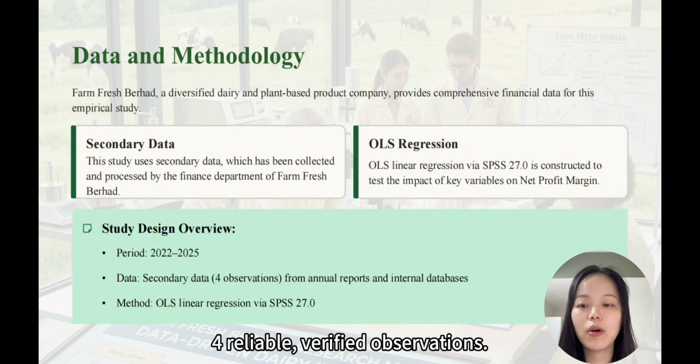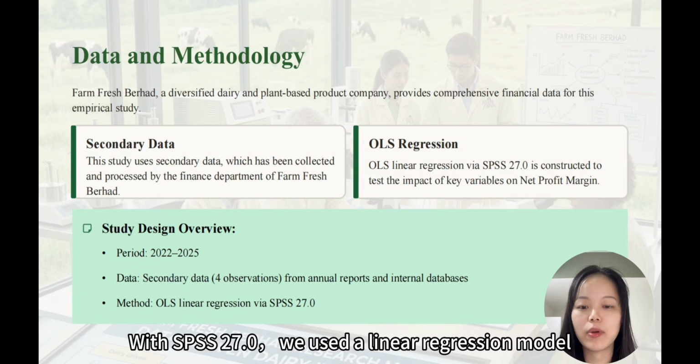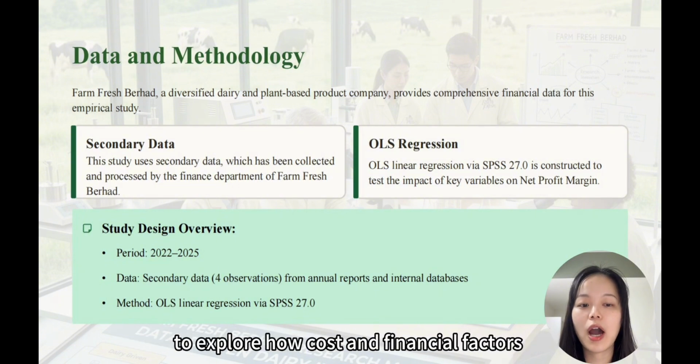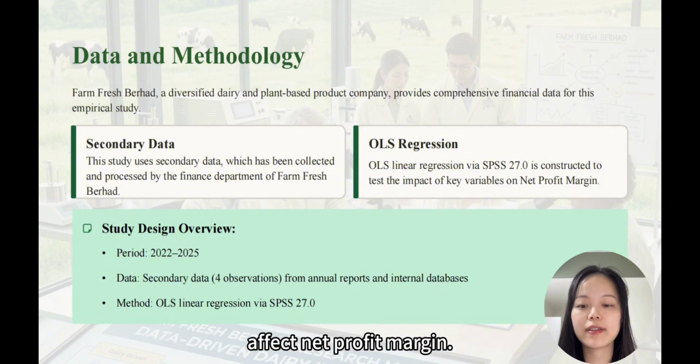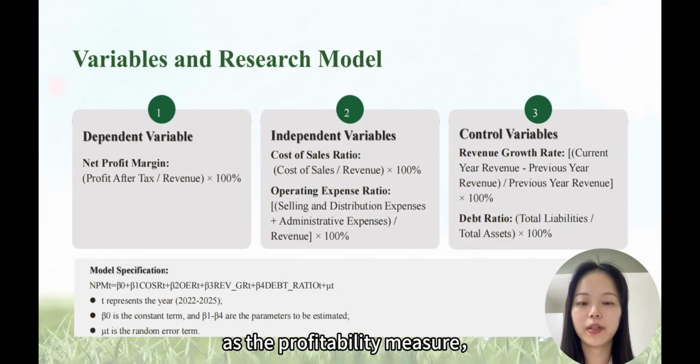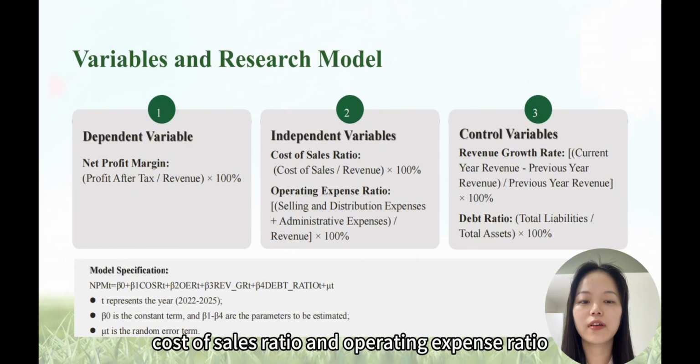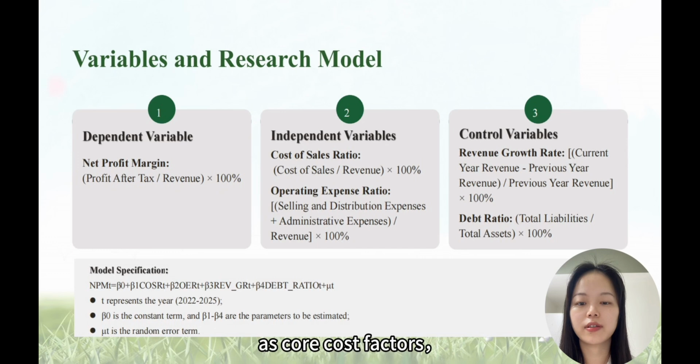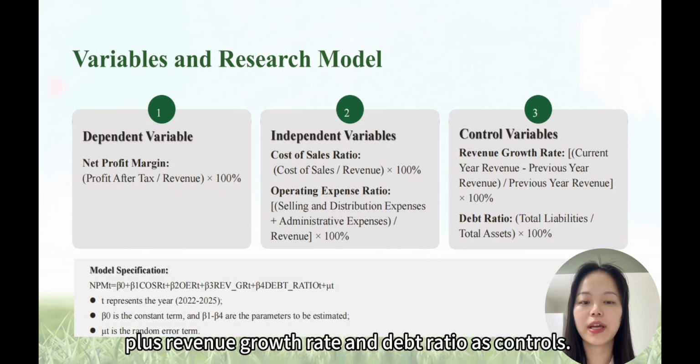For reliable, verified observations with SPSS 27, we use a linear regression model to explore how cost and financial factors affect net profit margin. Our key variables include net profit margin as the profitability measure, cost of sales ratio, and operating expense ratio as core cost factors, plus revenue growth rate and debt ratio as controls.